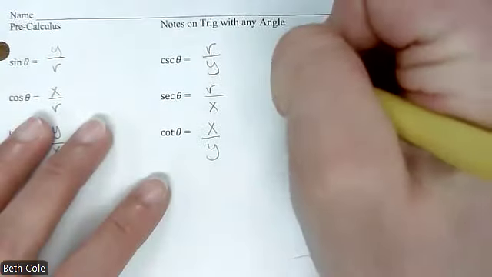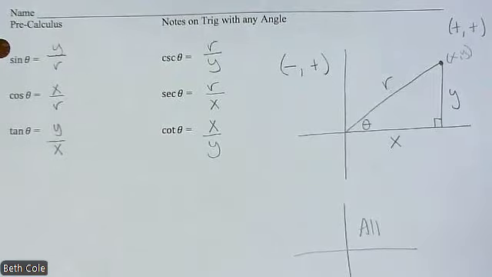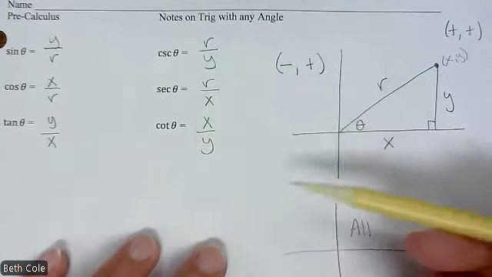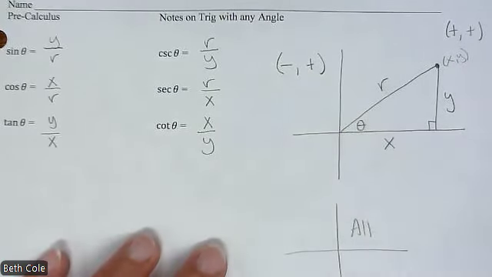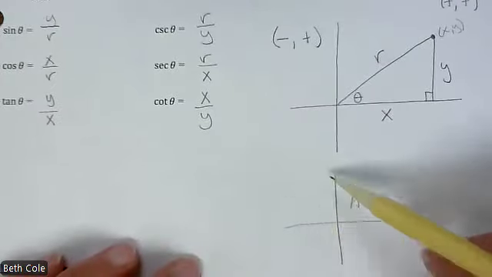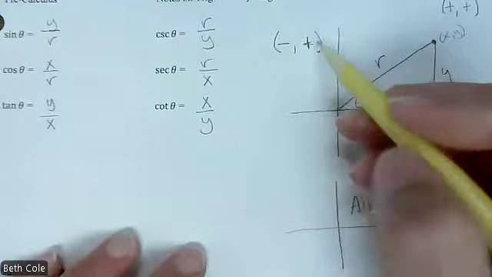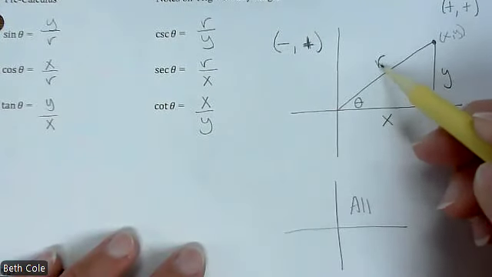If you're in quadrant 2, your x is negative and your y is positive because you went to the left and then up. Are you getting what I'm saying there? Like if you plot a point over here, it's going to be negative, comma, positive. So which ones would be positive in quadrant 2? Well, any of them that involve the y value and r, because r is always positive.